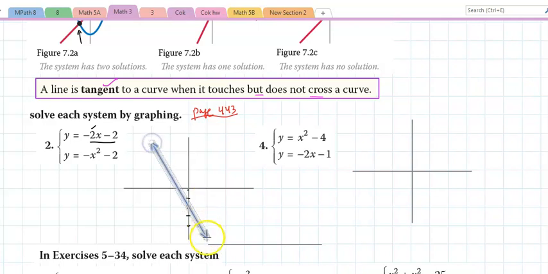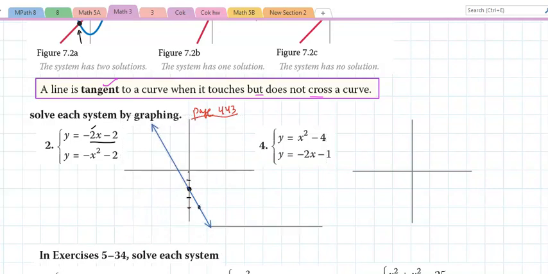There's the line. I'm going to shift the parabola up just a bit, 1 unit up. And if I go by the parabola, doesn't that go down 2 units? And it opens down, right? Something like this.